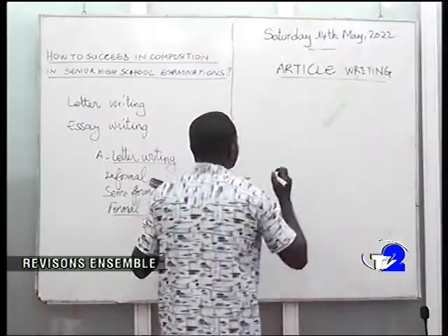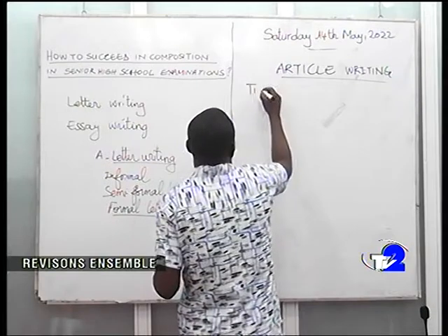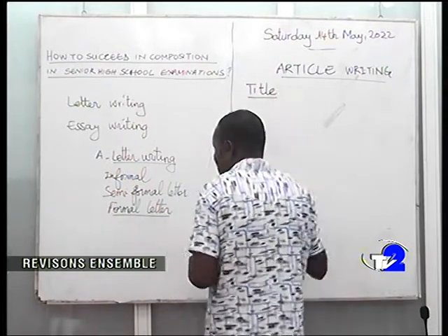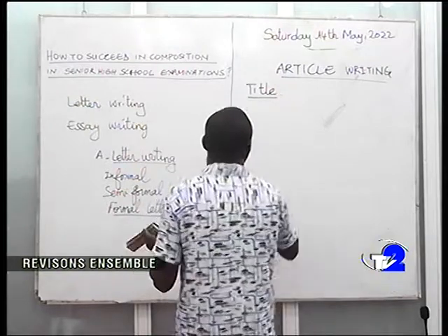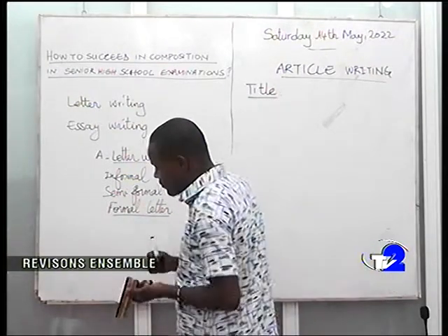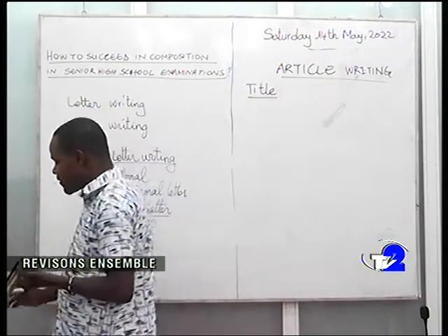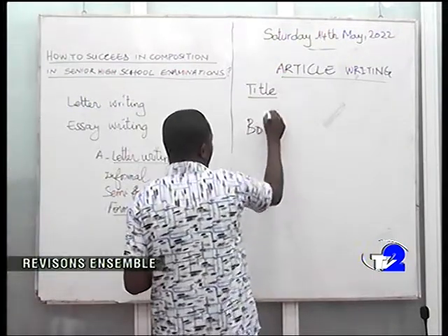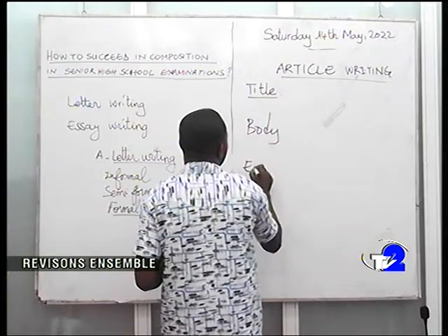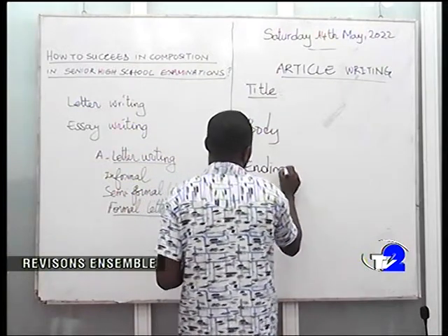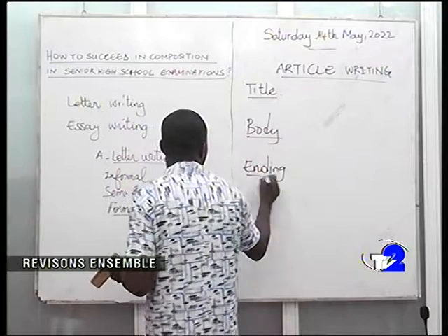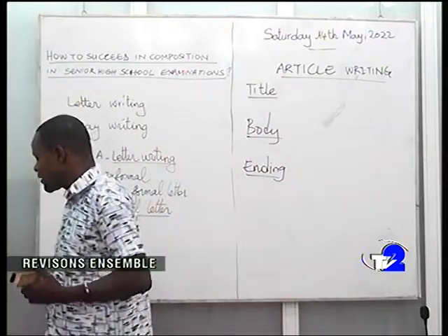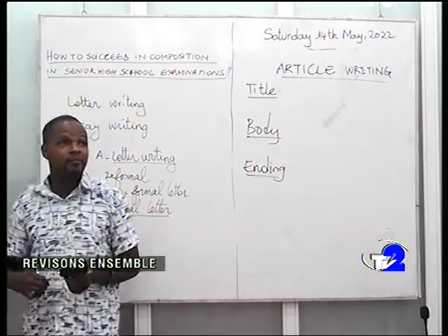Your article, as well as speech writing, should have a title. After the title, you need to write the body and the ending. Good. So these are the three things we must put into consideration when we are writing an article.